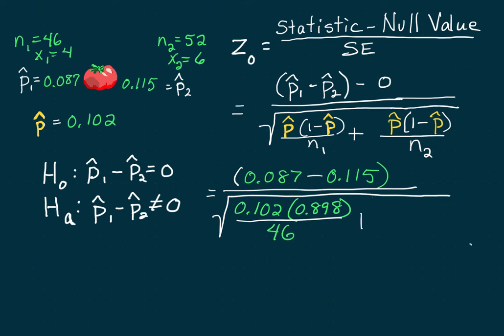Then, still under the radical, we have to add our, once again, p hat times 1 minus p hat divided by the number in our second sample, and that number is 52. So all of that has to be calculated.